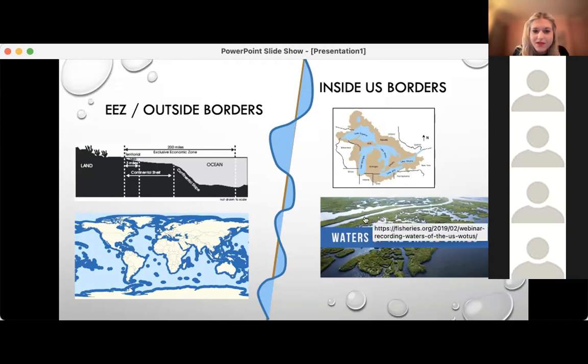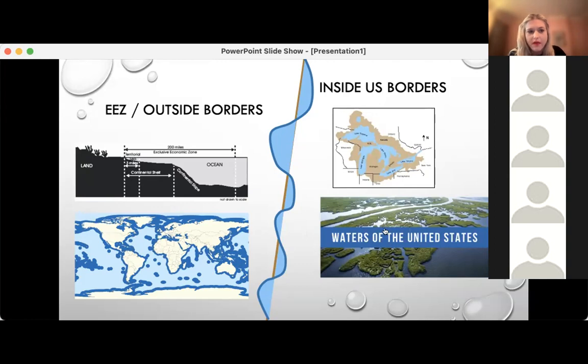But oftentimes there's spillage between the fresh water and the ocean water. So it's hard to sometimes draw the boundary between where inside the US and outside the US exists when we're talking about water, because waterways are open to each other.